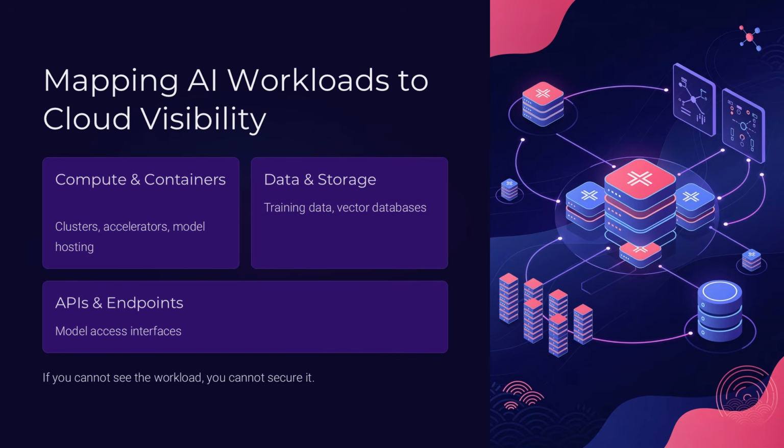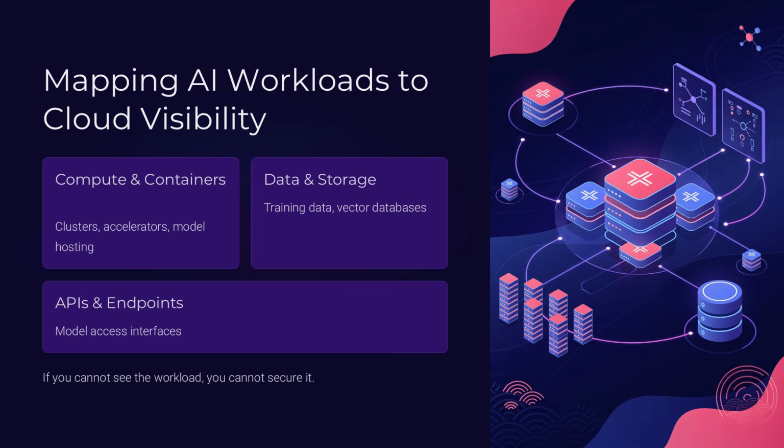Now that you understand why integration is essential, let us begin by mapping artificial intelligence workloads to cloud security visibility. Artificial intelligence systems often run on cloud infrastructure such as compute clusters and accelerator hardware, container platforms, managed model hosting services, storage accounts that hold training data, vector databases, and search services, and application programming interfaces exposing model access.